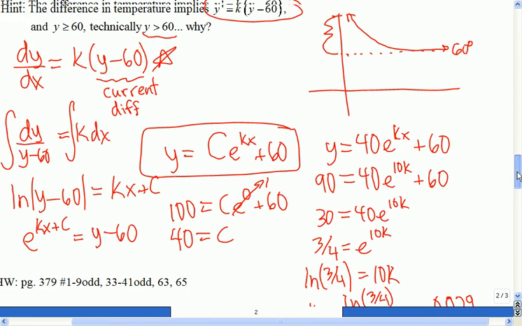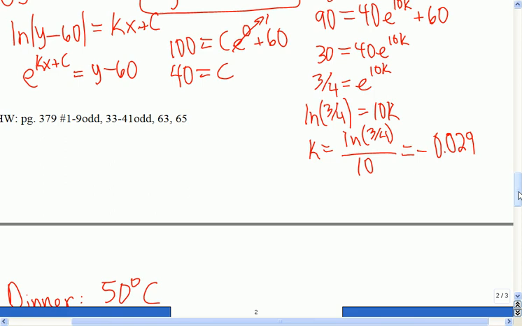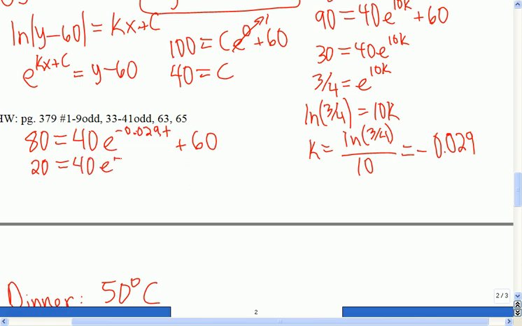So if I want to know when's it going to be 80 degrees, I'll have to put all that into the model. So when does 80 equal to 40 e to the negative 0.029 t plus 60. So let's see here. 20 equals 40 e to the negative 0.029 t.